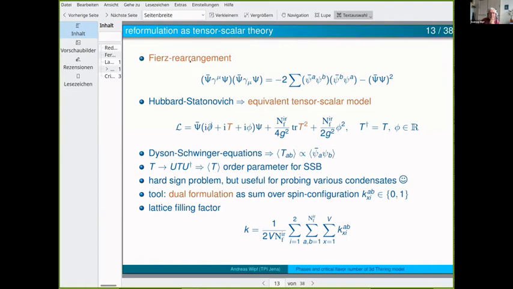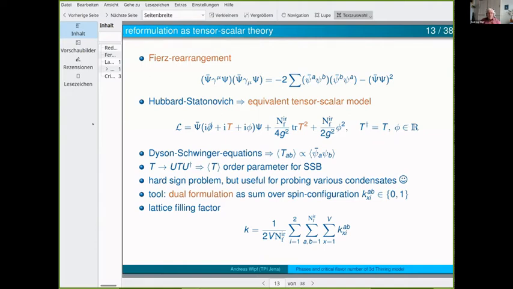So this current interaction term, where this capital Psi is a column of N_F irreducible flavors, can be written by a Fierz identity into this tensor and scalar interaction, which again can be bosonized by introducing auxiliary fields. In this case, it's a real scalar field, and a tensor T, a generator of SU(N).